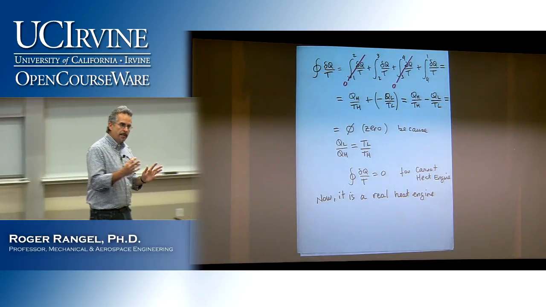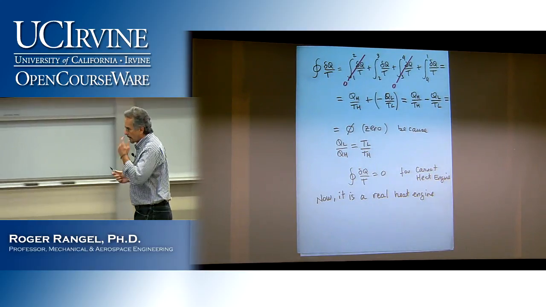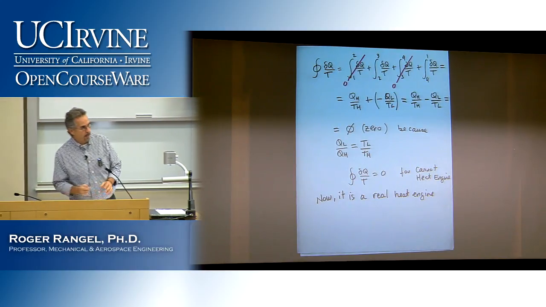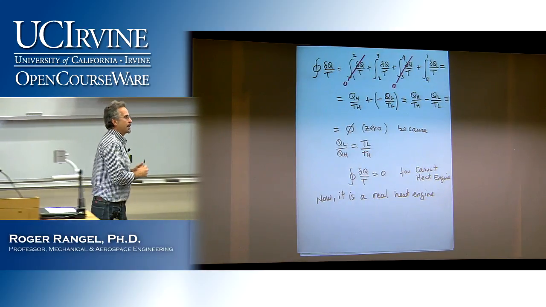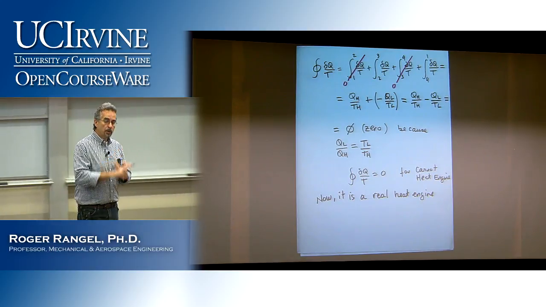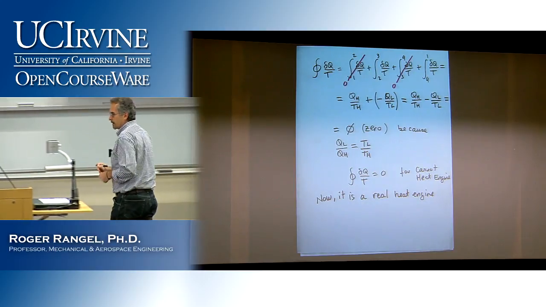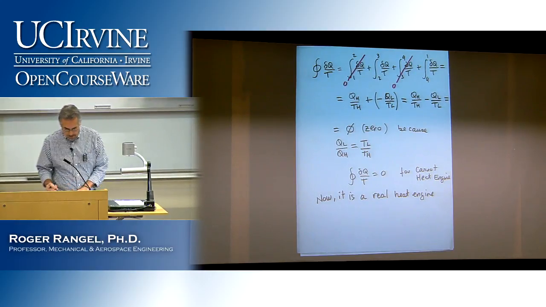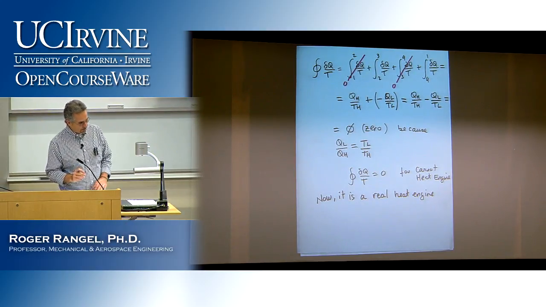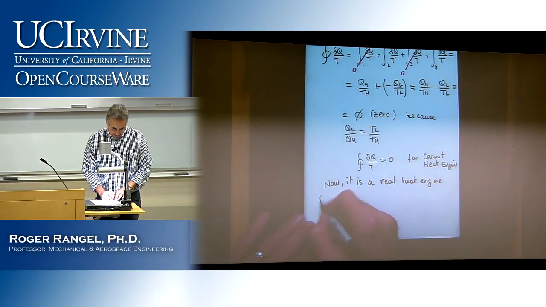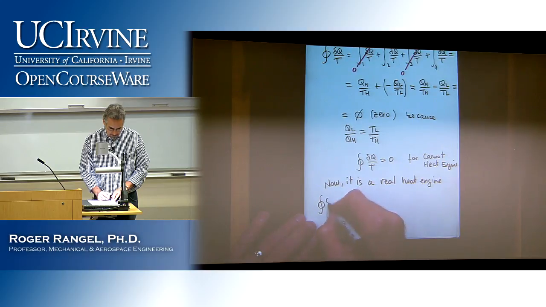But it's going to be operating exactly the same way. So it's still going to be 2 adiabatic and 2 isothermal processes. But it's a real heat engine. So what happens when I do my integral for the whole cycle?